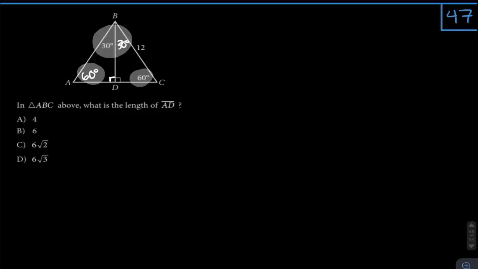Right? And so that's how I would know it's equilateral. All the angles are the same. So that means that this side is going to be 12. This side is going to be 12. And so AD, which is what the problem is asking for, and I'll write that in a different color so you can see it better, AD is going to be 6. It's half of that. That's choice B.